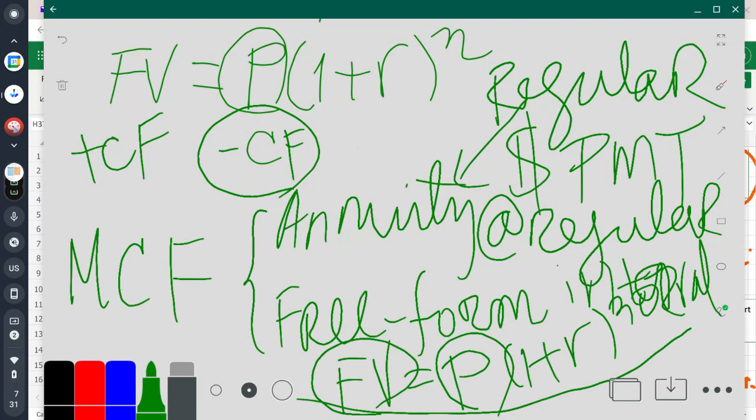So for 30 years you are making monthly payments, which are 360 payments. So think about it. This is a regular payment at regular interval, right? So this is annuity.